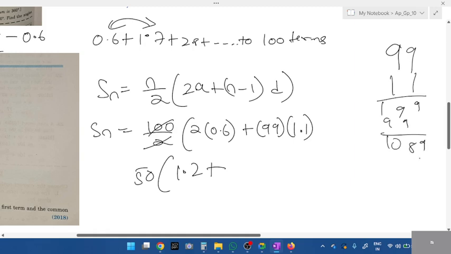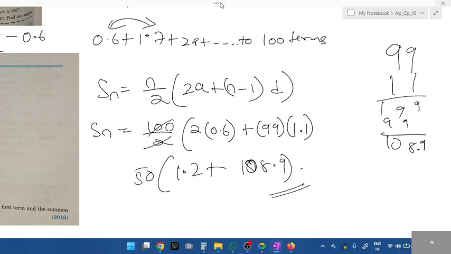Is it 1089? Okay. Add this, students. Will you add and complete it? All of you understood how to solve? Is it clear?